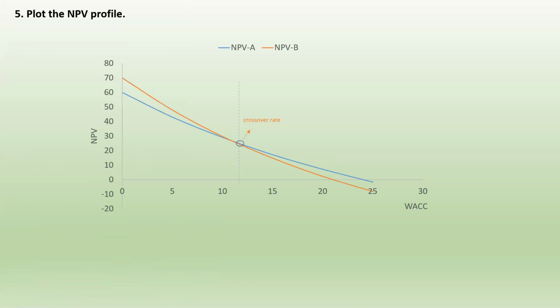This is the NPV profile we plot. And at this point, 11.07% is the crossover rate.